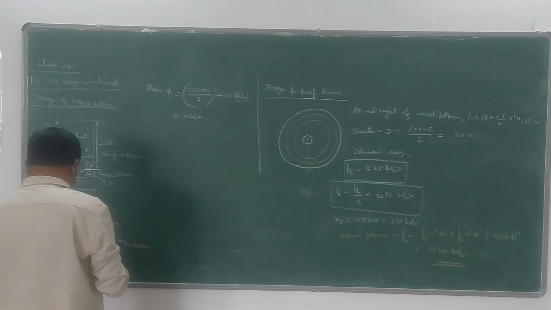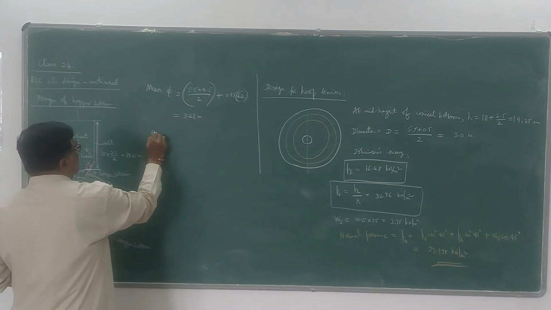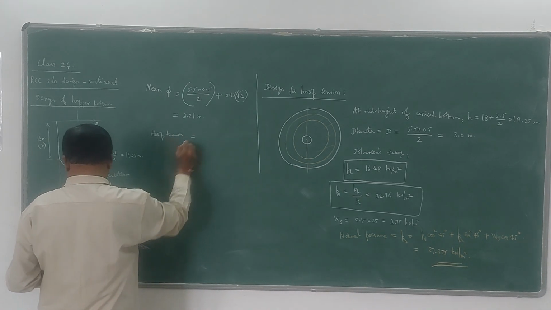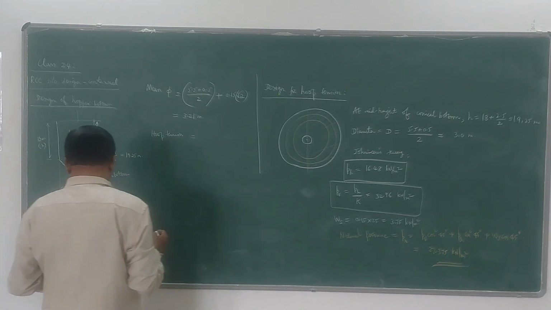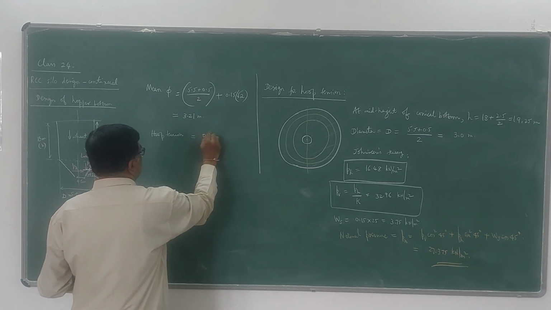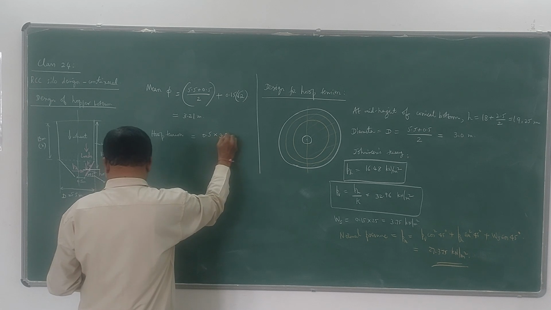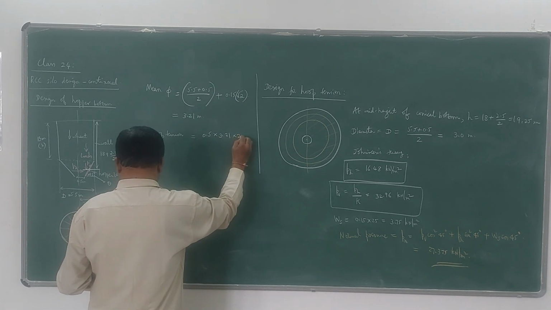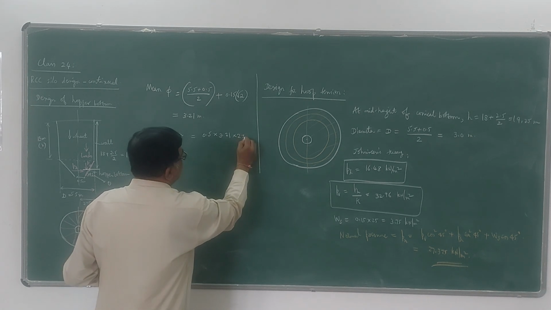Now hoop tension is given by 0.5 times this 3.21 into 27.37.